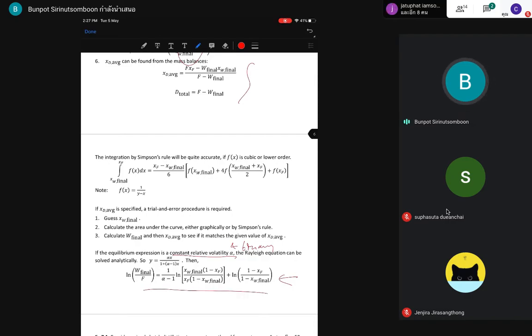So you can just plug in the values. But again, be careful: this one is only for binary simple batch, with no column or anything. Only for binary simple batch can you use this equation here.